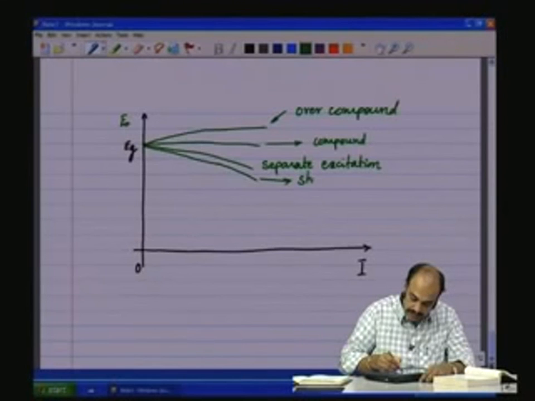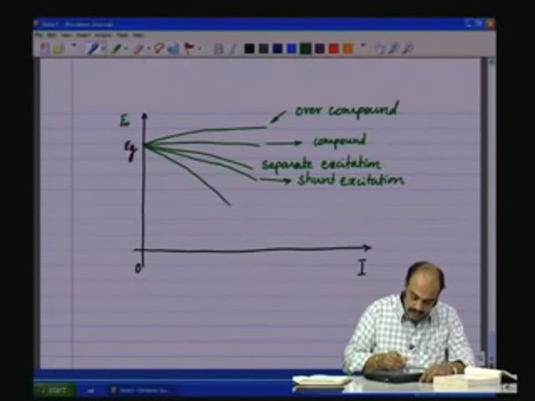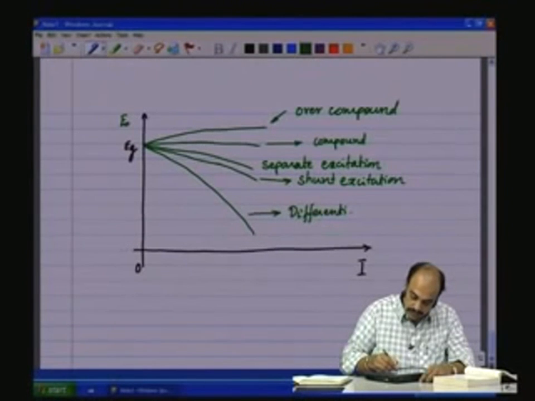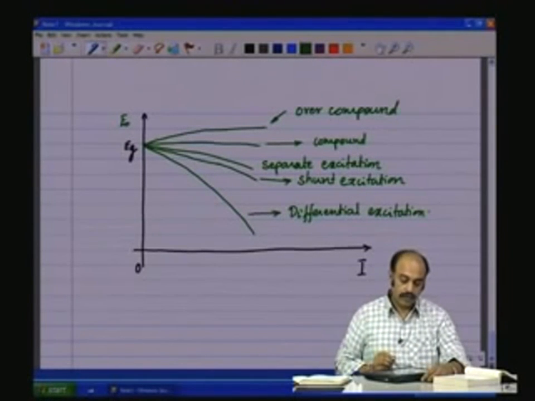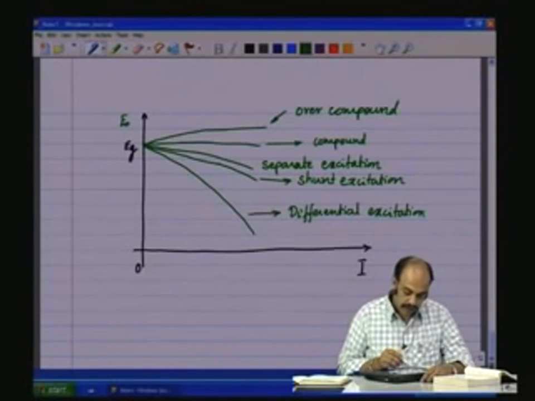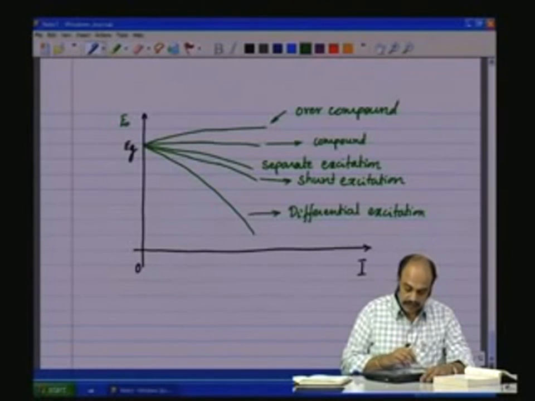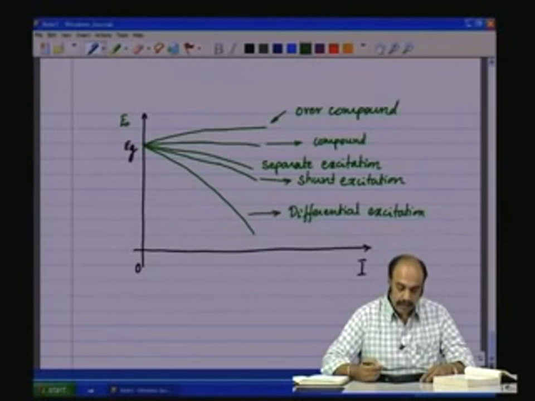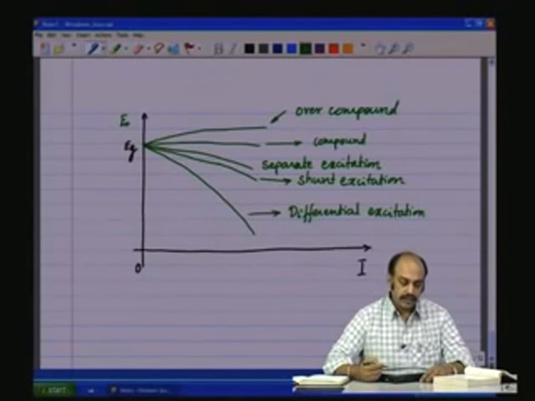This is the shunt excitation, and then the regulation is very bad in the case of differential excitation, but we want to have a bad regulation in this case. Okay. So, this would give you a relative picture of the comparison of the voltage regulation characteristics of the various excitation methods that have been used for the DC machine or the DC generator.